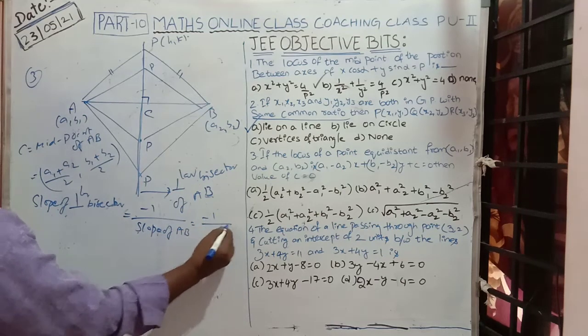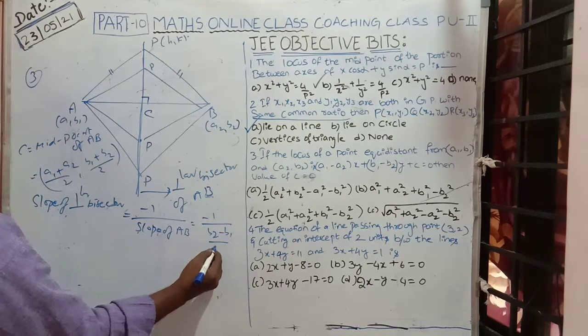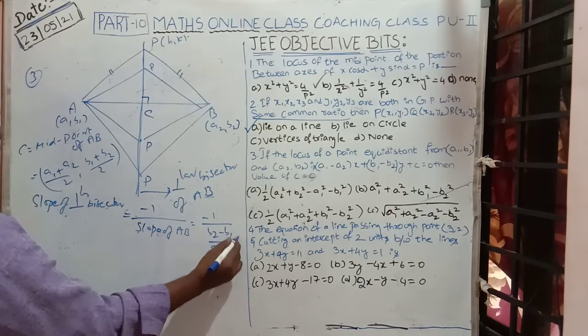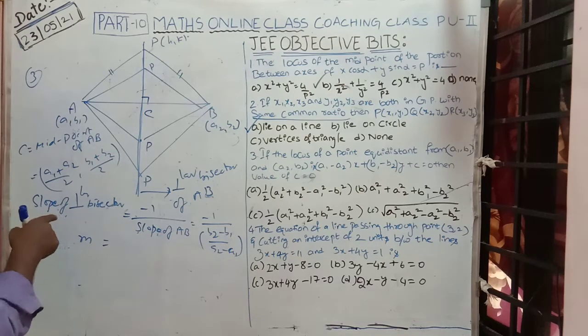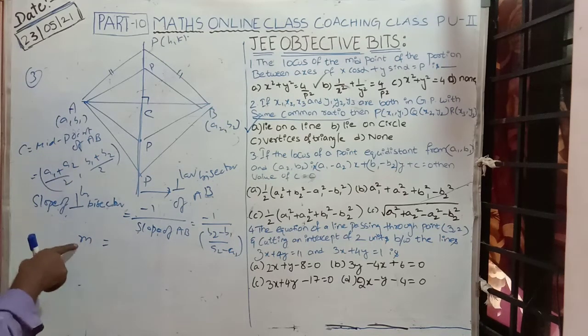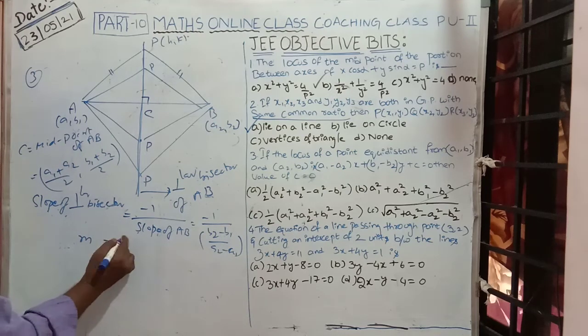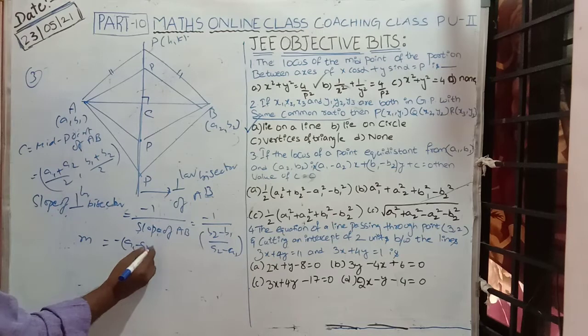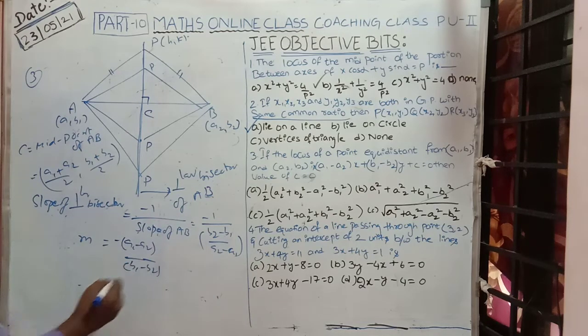What is the slope of AB? (b2 minus b1) by (a2 minus a1). Or otherwise, say the perpendicular bisector slope is m, equal to minus of (a1 minus a2) by (b1 minus b2). Like that I am writing.